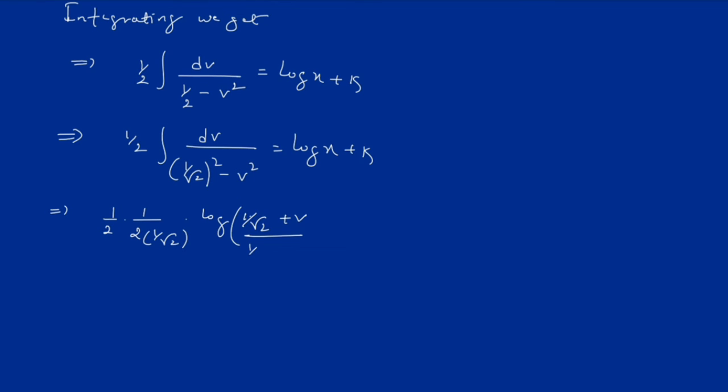Because I will write here the formula: integration of dx upon a square minus x square equals 1 upon 2a log of a plus x upon a minus x, right?